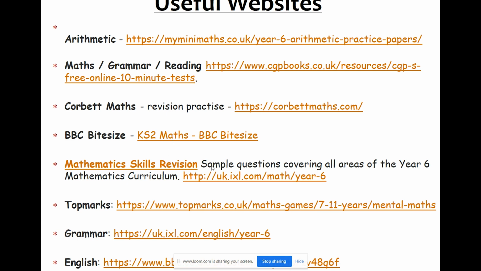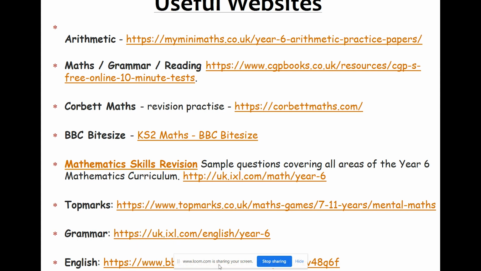Maths Skills Revision, there's another website, uk.ixl.com, and then follow the links from Maths Year 6, and you'll find some sample questions covering the Year 6 curriculum. Top Marks has games on there for them to practice their times tables and mental maths to make sure they're refreshing those and being quick about it. Grammar, the uk.ixl website has a grammar section as well.